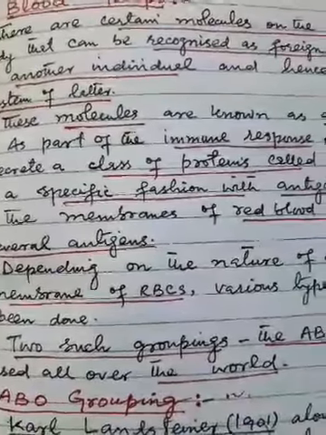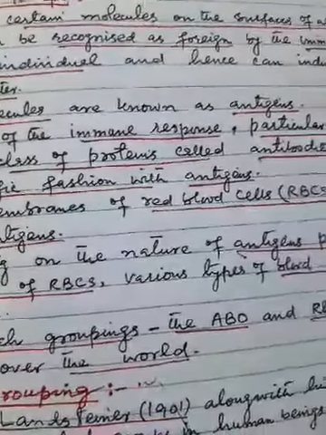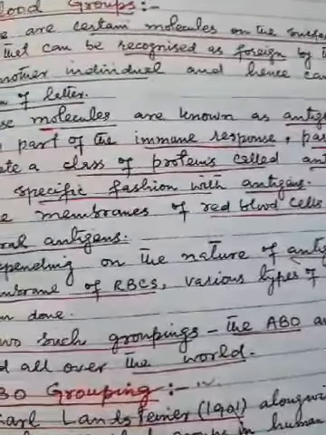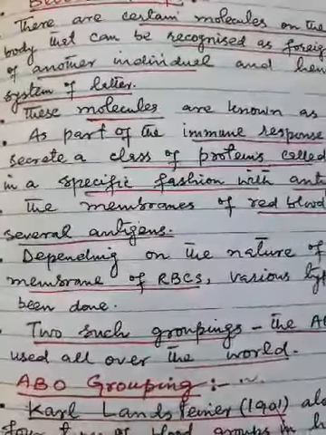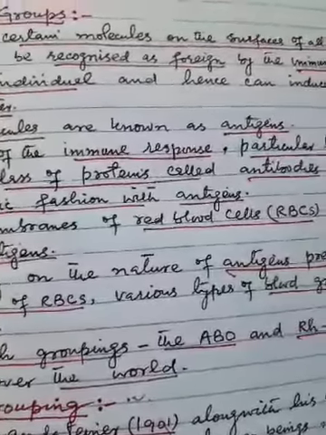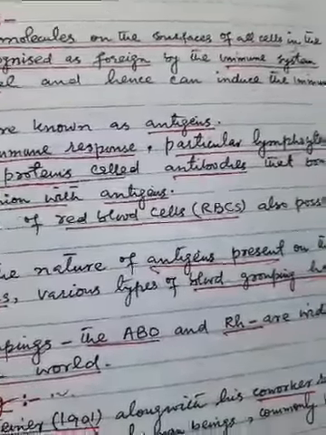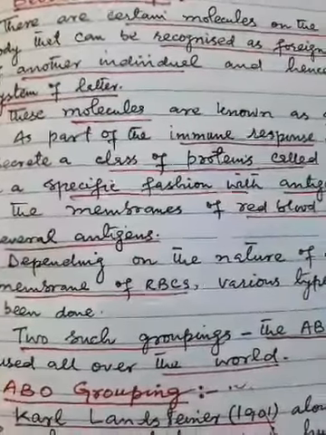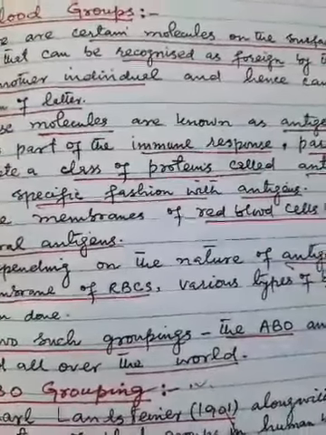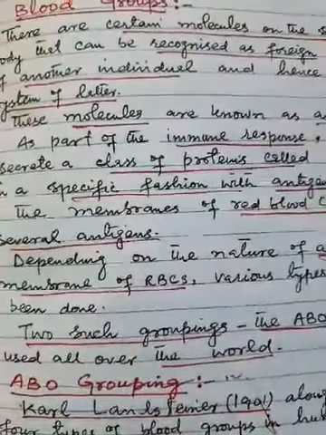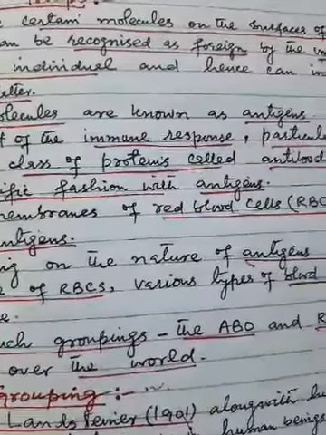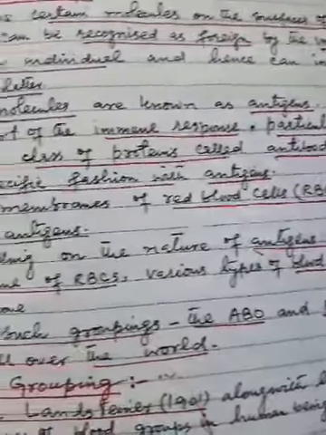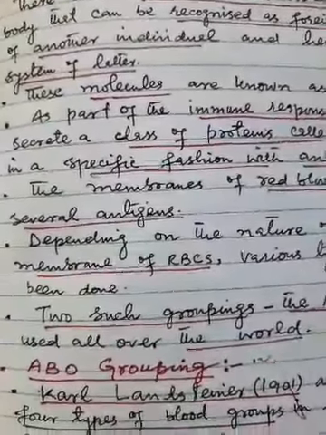As part of the immune response, particular lymphocytes secrete a class of proteins called antibodies that bond in a specific fashion with antigens. The membranes of red blood cells (RBCs) also possess several antigens.